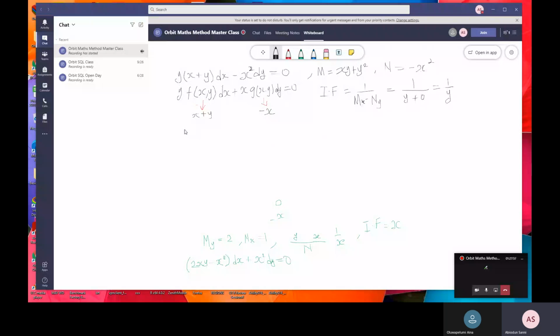So multiplying all through by 1 over y, I'll have x plus y dx minus x squared over y dy is equal to 0.